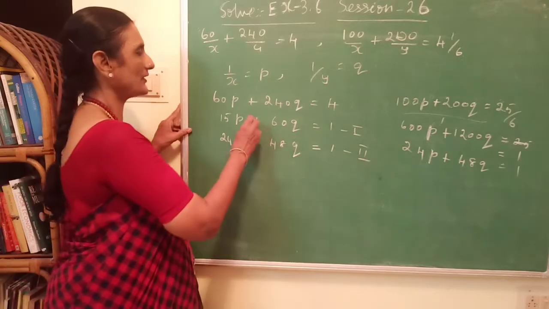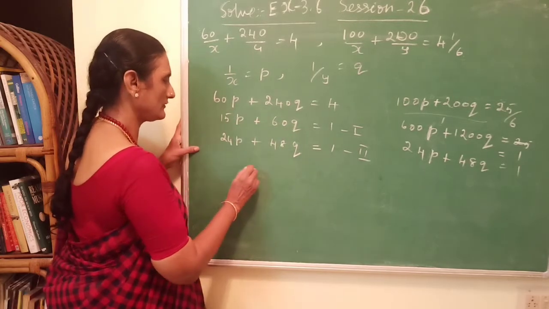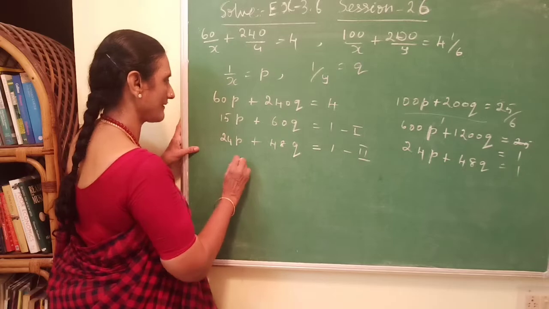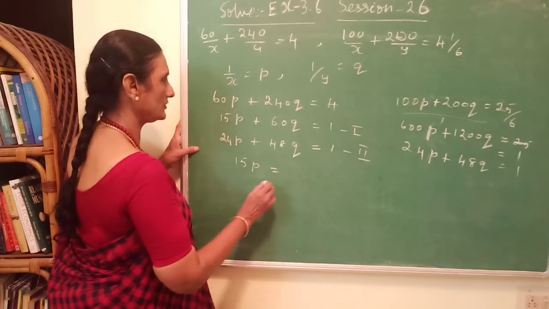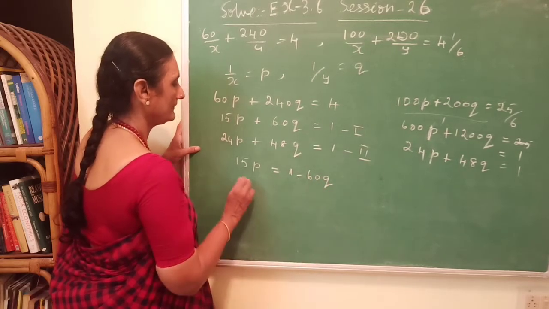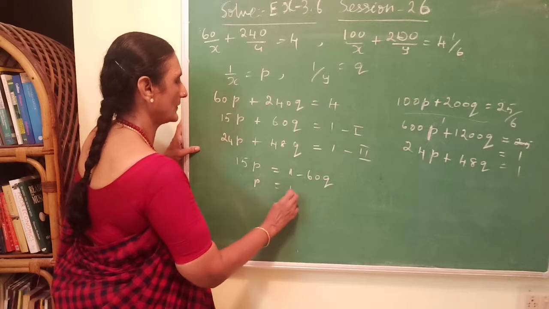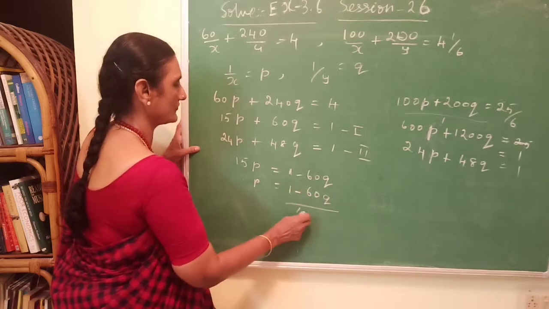How? I am going to take p, from the first equation I get 15p is equal to 1 minus 60q. Therefore, p is equal to 1 minus 60q by 15.